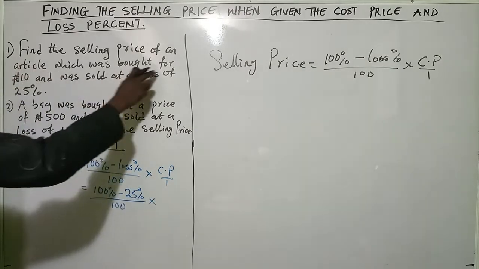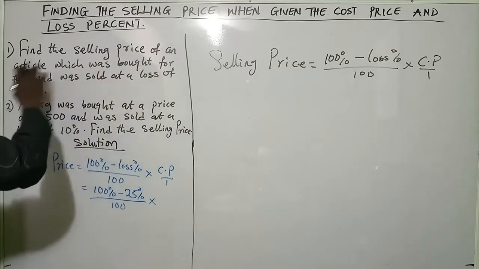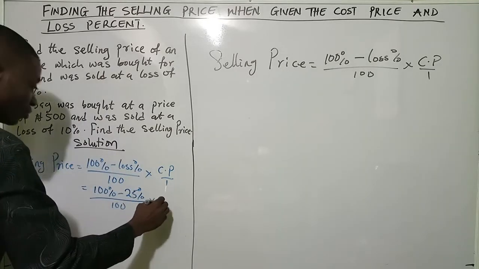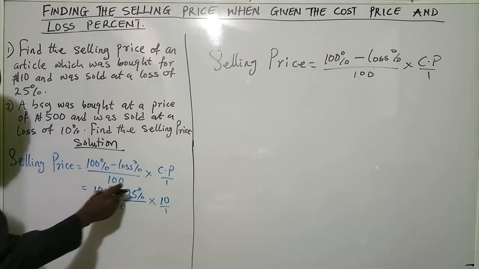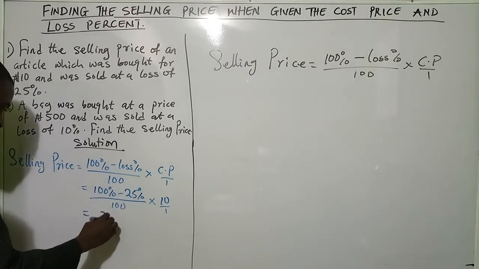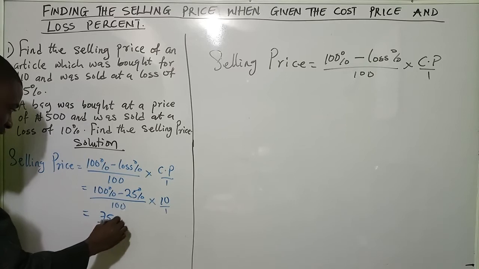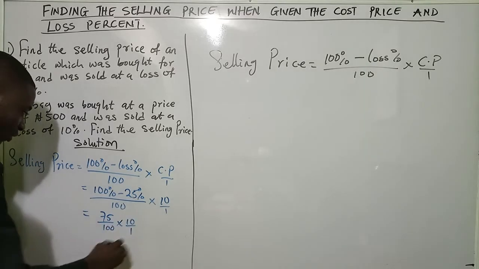What is the cost price? This article was bought for 10. Good. So this is 100 minus 25, which gives us 75 over 100 times 10 over 1.